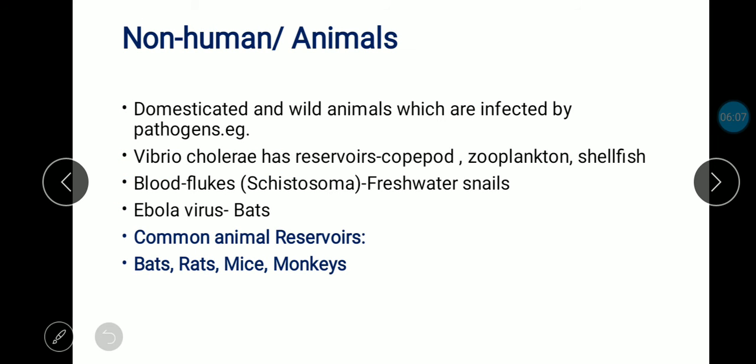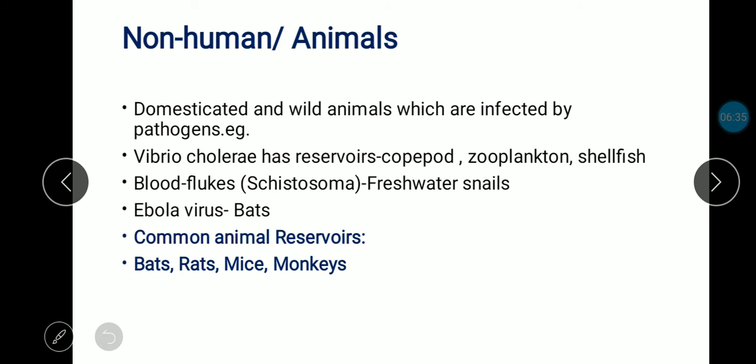The next type is non-human animals, domesticated and wild animals which are infected by pathogens. For example, Vibrio cholerae has reservoirs: copepods, zooplankton, shellfish, etc. Another one is blood fluke, Schistosoma.